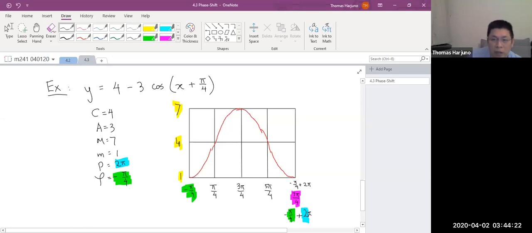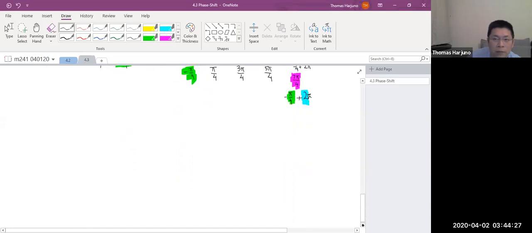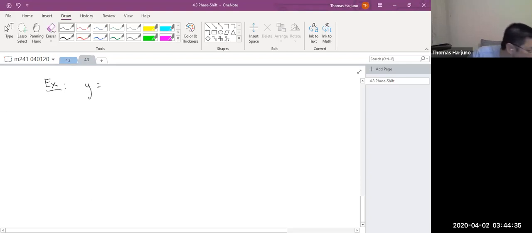Now, let's make it even harder. What happens if I have a more general situation? Suppose I have y equals 3 plus 3 times cosine of 1/2 x plus pi over 3, from question number 30.